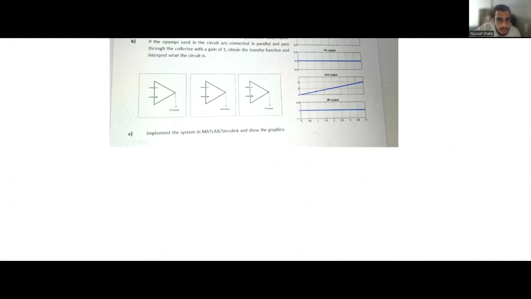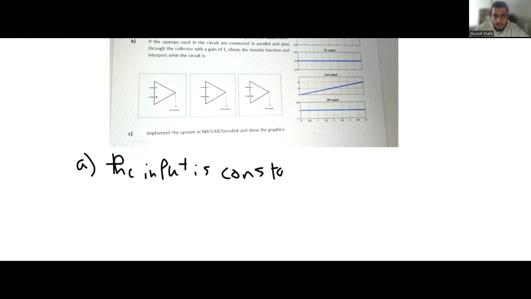So first, we have to find the parameters. The input is a constant equal to 1 volt, and we have three outputs.